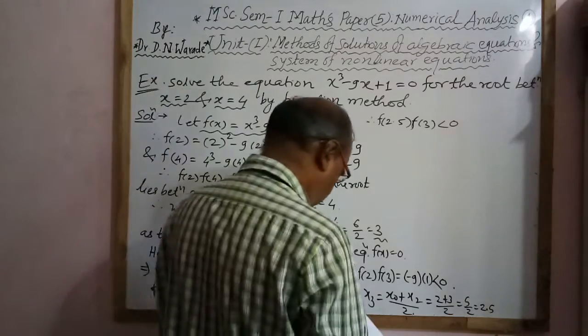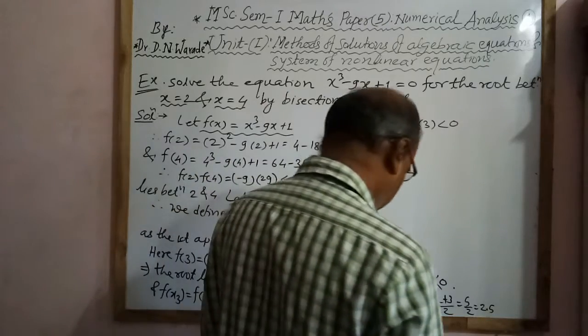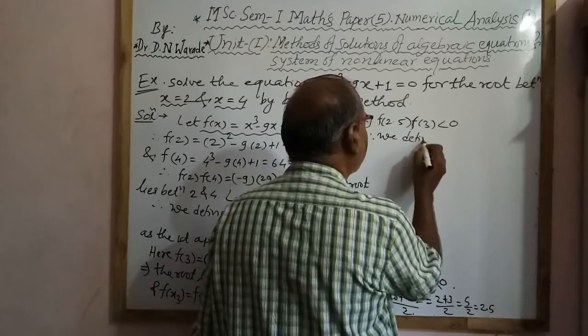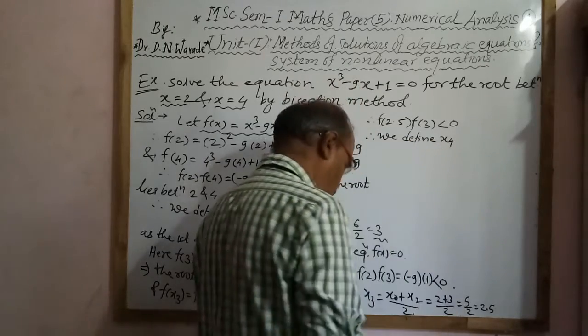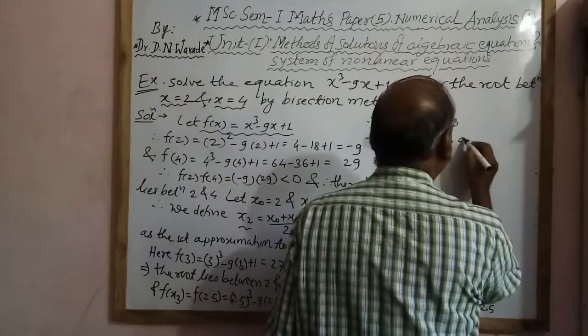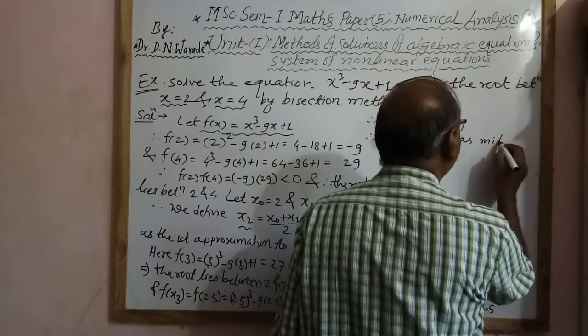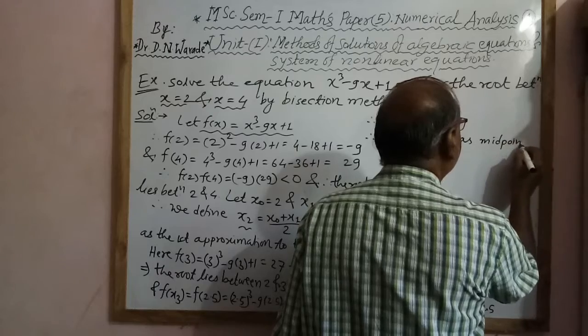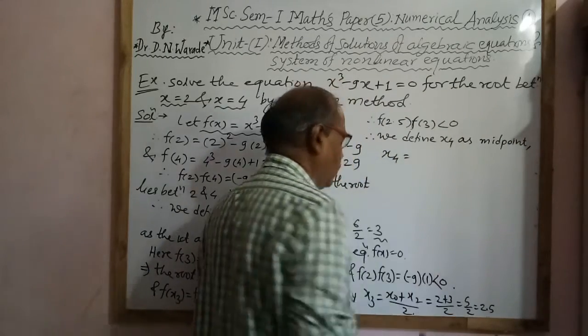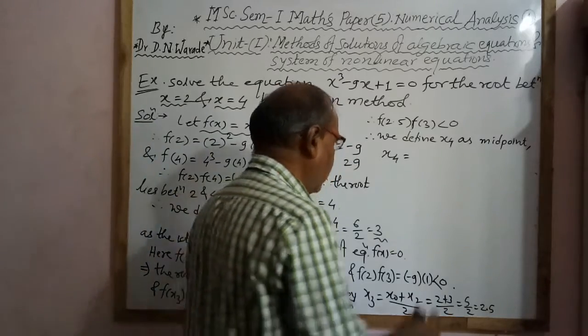Therefore we define x4 as the midpoint, x4 equal to x2 plus x3 divided by 2.